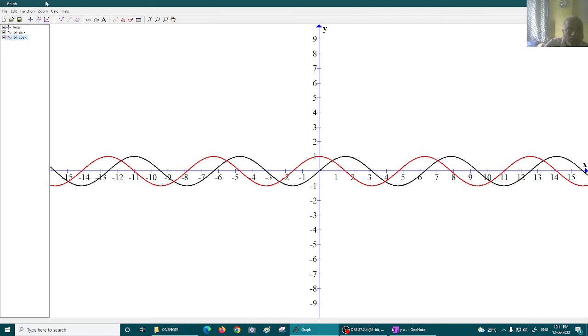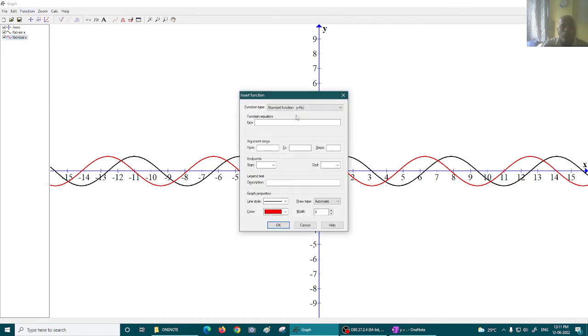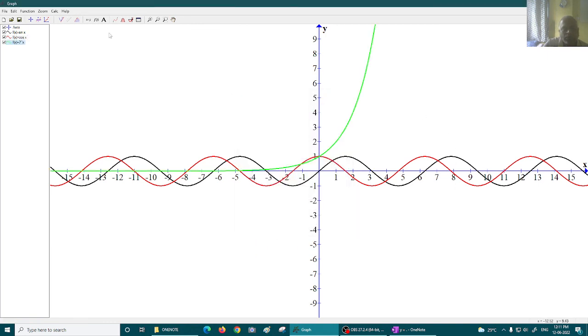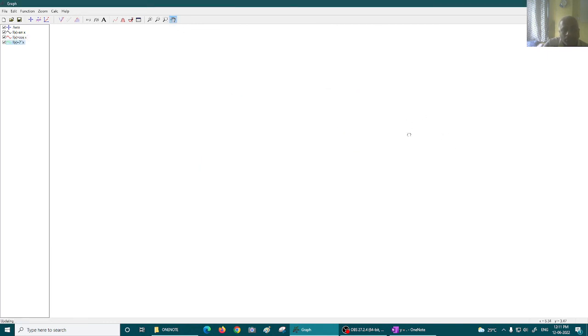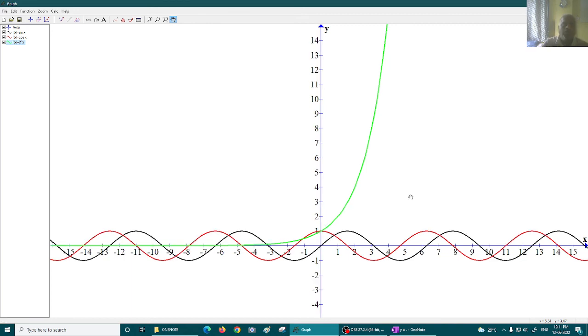If you want, because we talked about 2 raised to x and 3 raised to x also. Okay, so let us say 2 raised to x. Let us use another color for this, say green. Okay, then it is like this. Let me stretch it below, take it below. Okay, and then there are several functions like log x and so many.